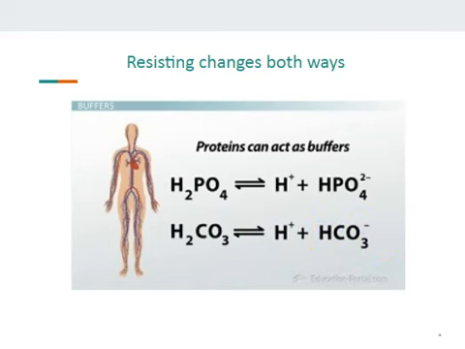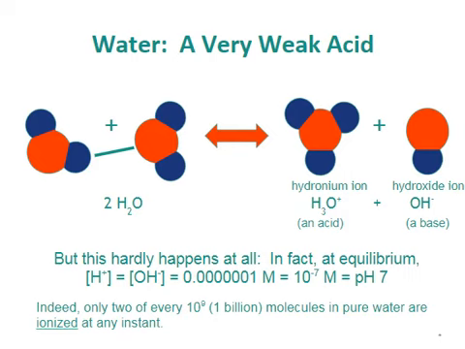So what makes a weak acid useful for buffers? Well, first thing we should understand, all of these have to involve water in some way. Why can't we just have water acting as our buffer? Because water is a very, very weak acid. When you have H2O molecules, they can dissociate, but it rarely happens.